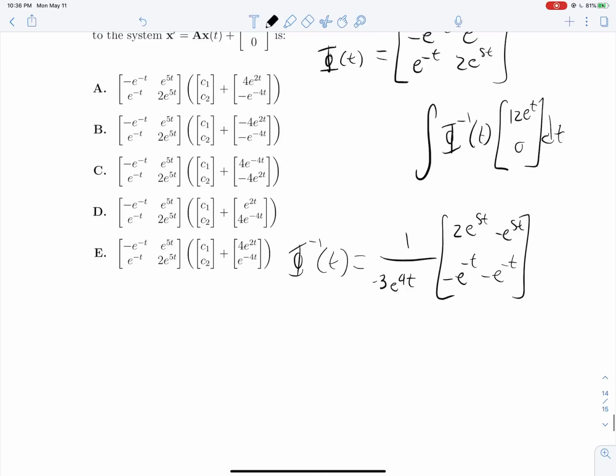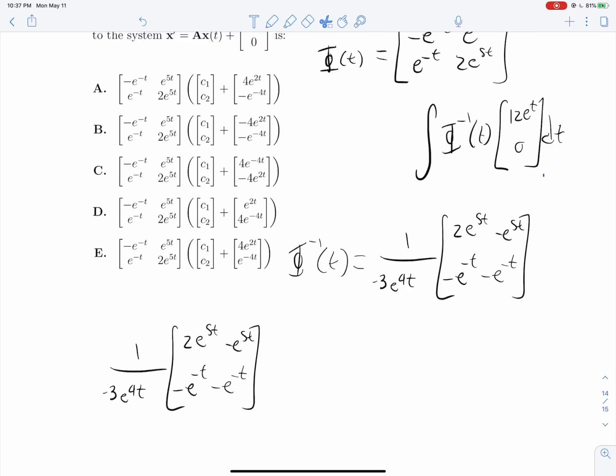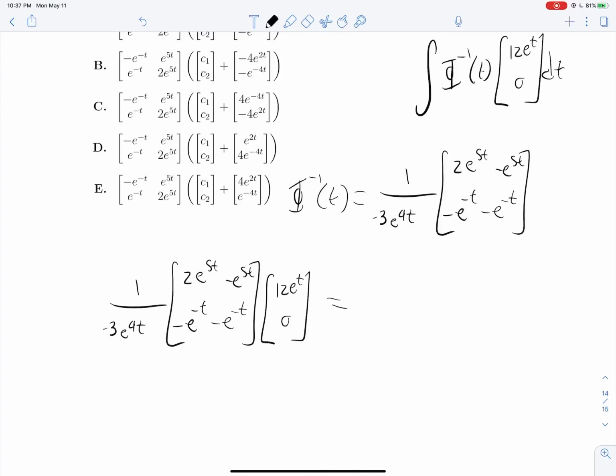So now let's take this guy and multiply it by this term here. And then we'll be able to integrate that and we will have our answer. Okay, but first off, let's factor this 1 over negative 3 e to the 4t into here.